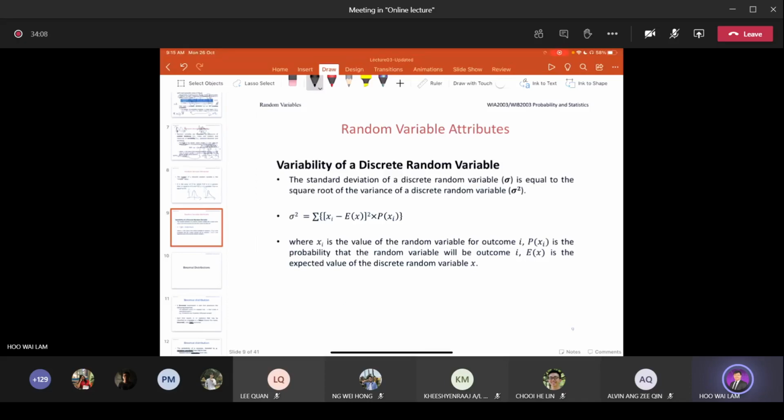Then, variability of a discrete random variable. Again, it's the same. You are able to calculate your standard deviation using the equation over here, which is based on probability as well.